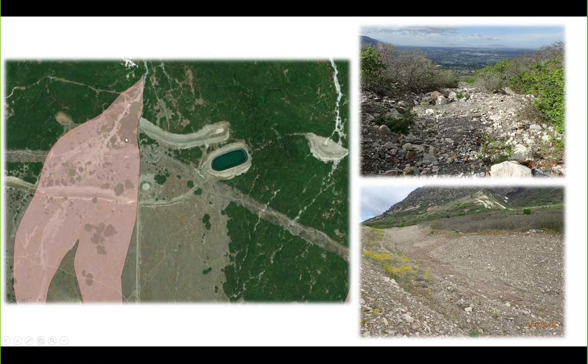But if we look at this one here on the left, the one that we mapped, you can see another debris basin here that appears to have been constructed to protect some infrastructure. We've got, I believe, probably a municipal water source. I'm not positive, but that would be my guess. And this is protecting all of this stuff.